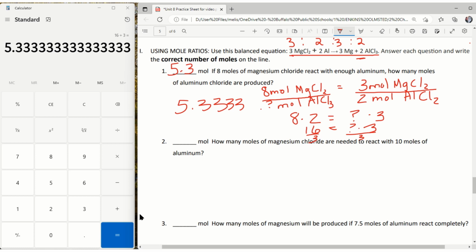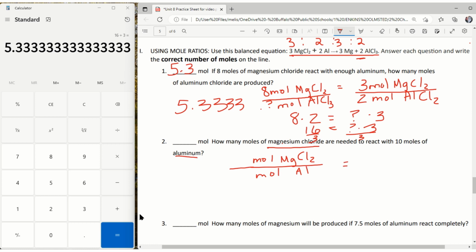Okay, so let's find the next one. It says, how many moles of magnesium chloride are needed to react with 10 moles of aluminum? So I only mentioned 2 things, magnesium chloride and aluminum, right? So I'm going to have moles of magnesium chloride and moles of aluminum.